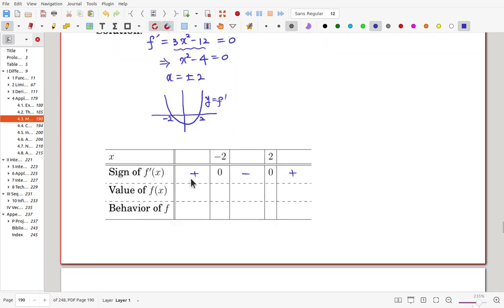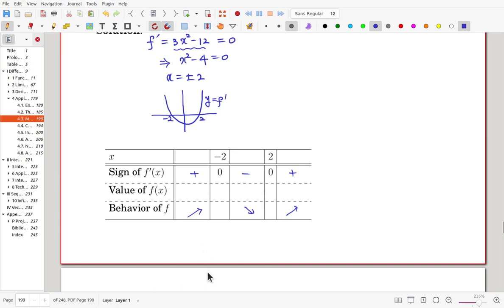So even though it is an infinite interval, f is increasing where f prime is positive, decreasing where f prime is negative, and increasing again where f prime is positive. You can do that.